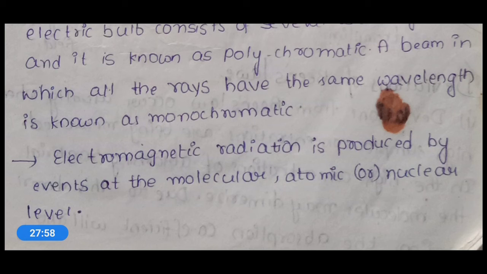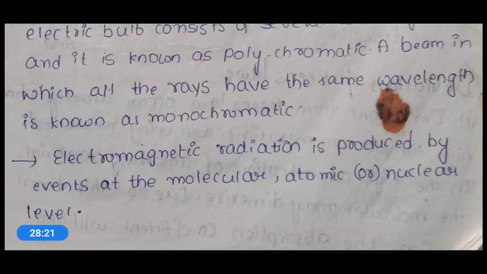Electromagnetic radiation is produced by events at a molecular, atomic or nuclear level. What does it mean? This electromagnetic radiation can be produced at the molecular level, the atomic level and the nuclear level.